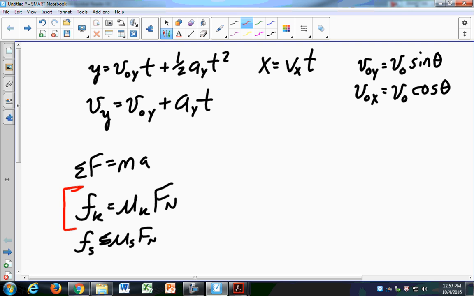Static is not moving, especially in that case, when you're not moving.